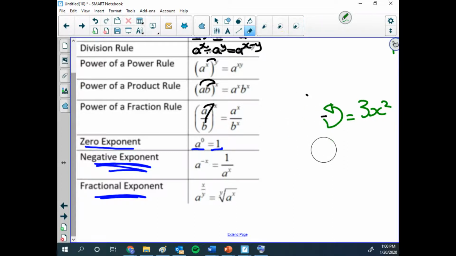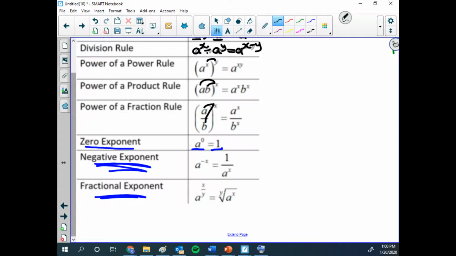Last one is the fractional exponent law, which is how to convert back and forth between a fractional exponent and a radical expression. So if I said, for example, x to the power of 3/4, what is that as a radical? Does anybody remember what you do here? Okay, Gavin?